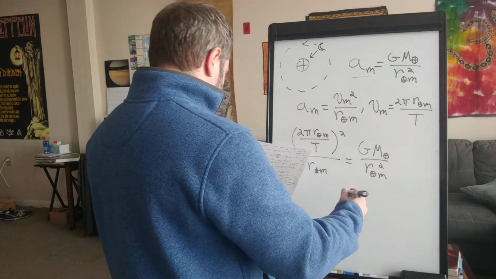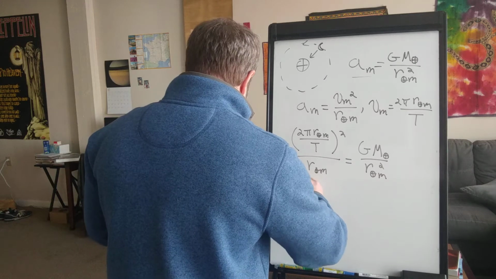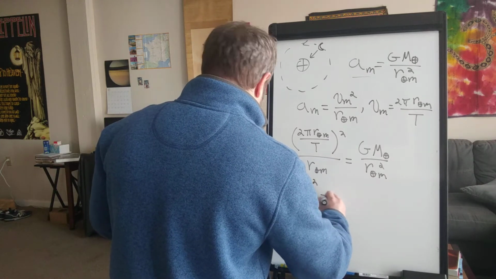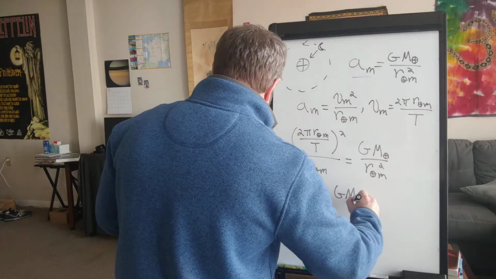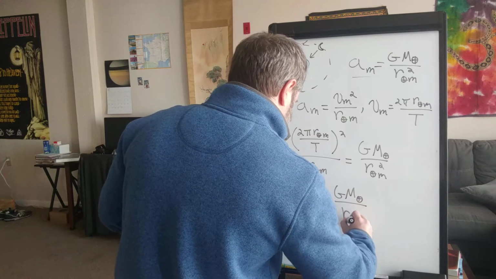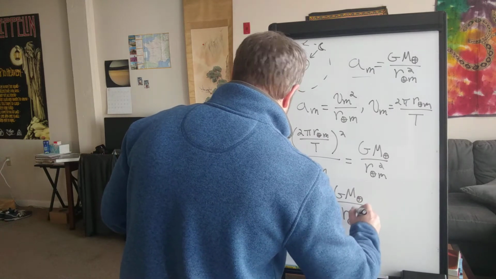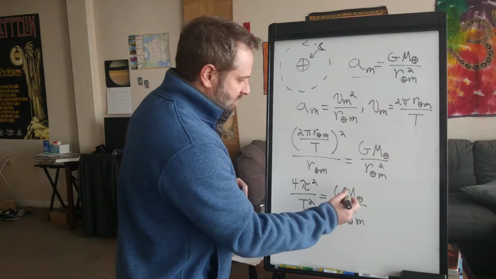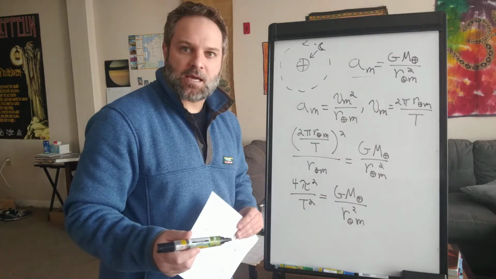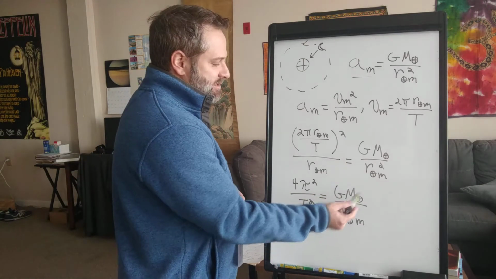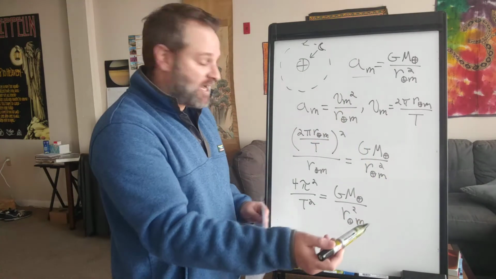So, simplify this to 4 pi squared over T squared equals G mass Earth over radius Earth-moon squared. We can find big G and the mass of the Earth via the Cavendish experiment and the application of the Cavendish experiment.